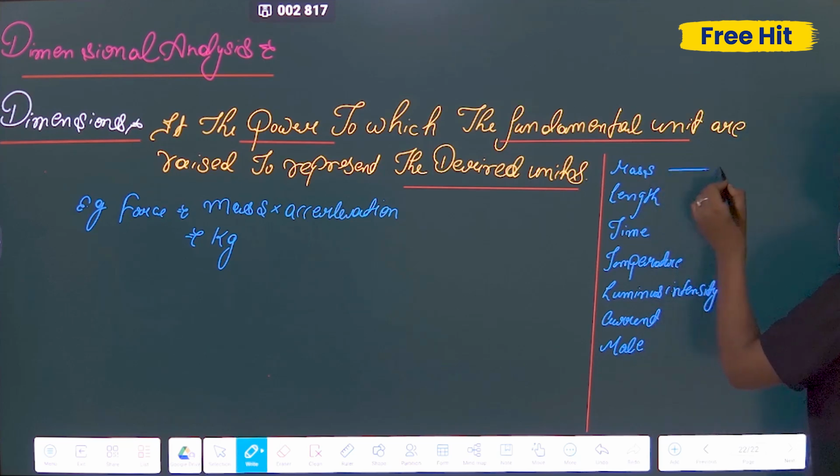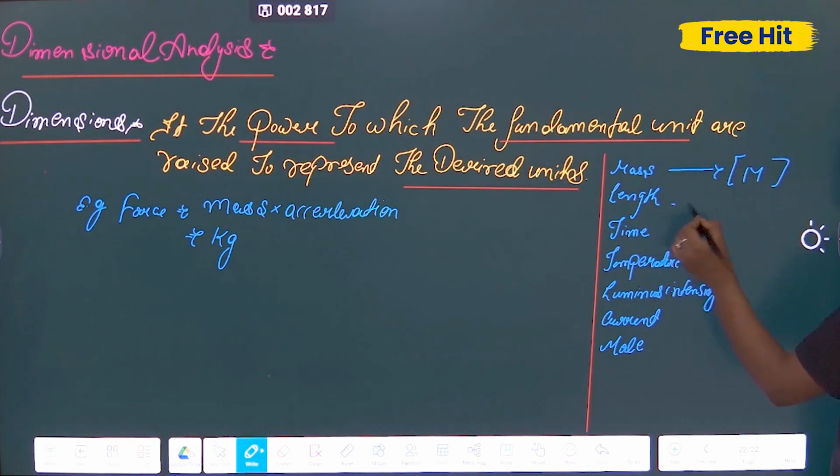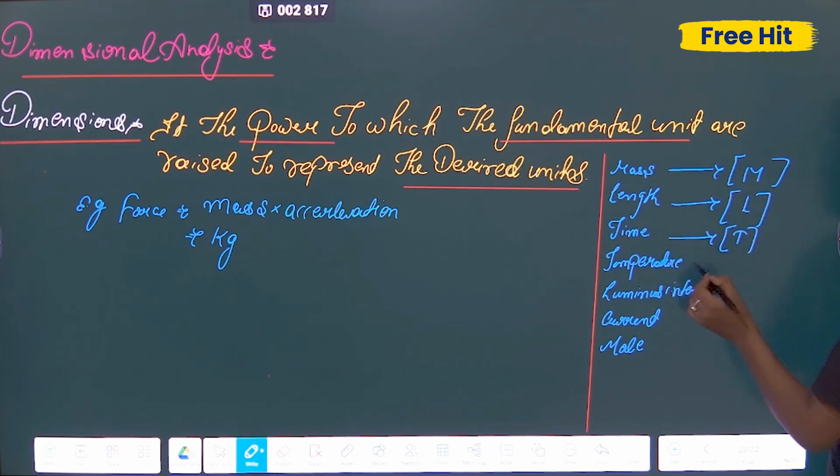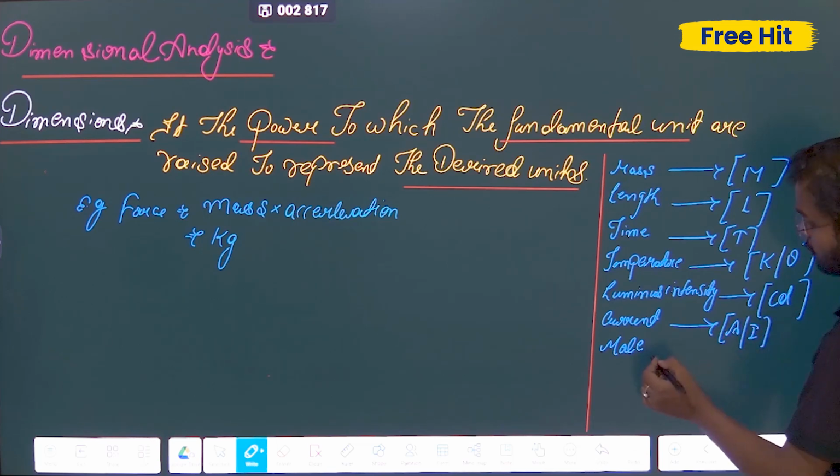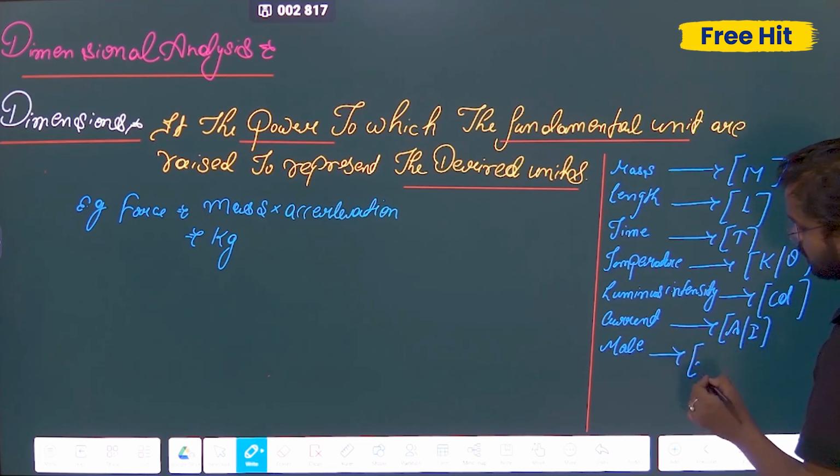So for mass you are going to use M. For length you are going to use L. For time you are going to use T. For temperature you are going to use either K or theta, any one of them. For luminous intensity you are going to use CD. For current you are going to use either A or I. For mole you are going to use mol.